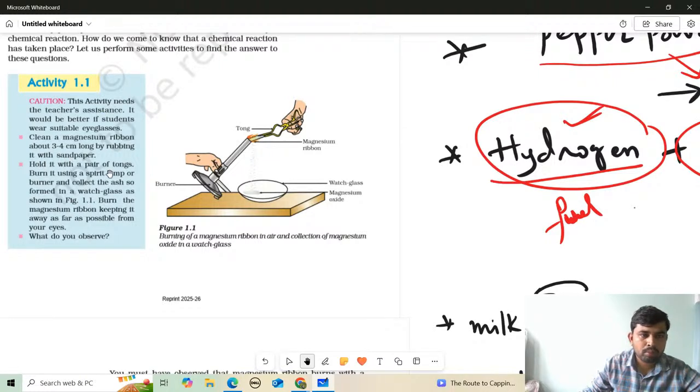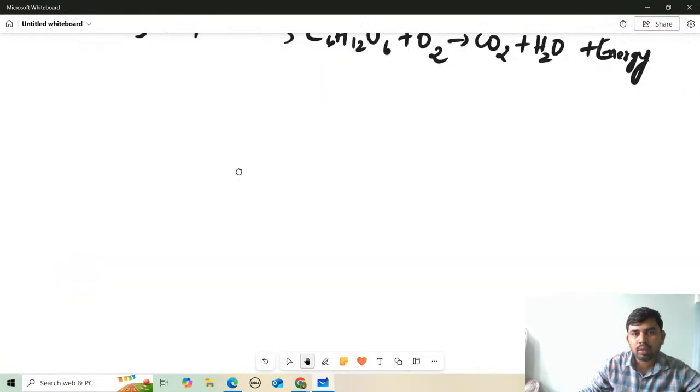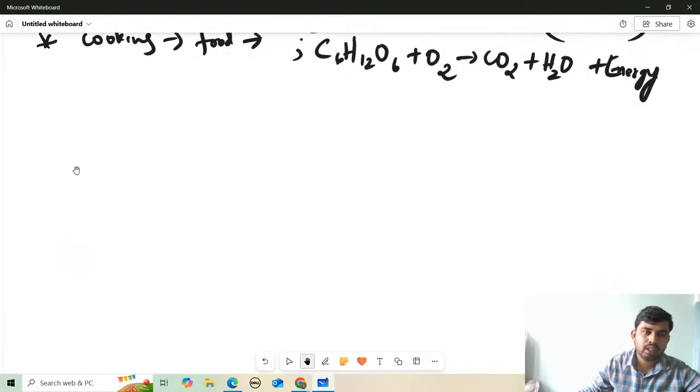Hold it with a pair of tongs and burn it using a spirit lamp or burner, and collect the ash so formed in a watch glass as shown in figure 1.1. Burn the magnesium ribbon keeping it away as far as possible from your eyes. What do you observe? So they have given here again one more example for chemical change. Just describe the activity, what they have given actually here.